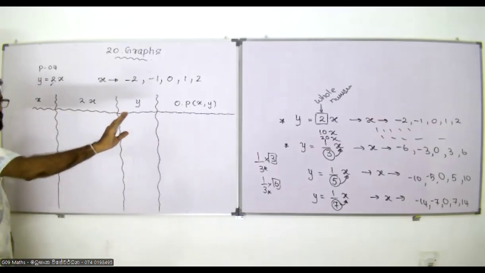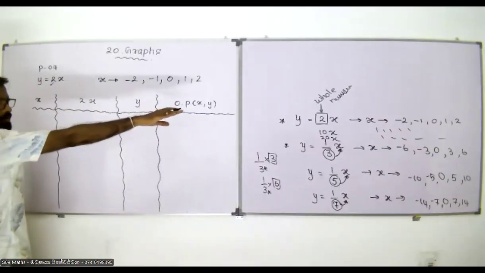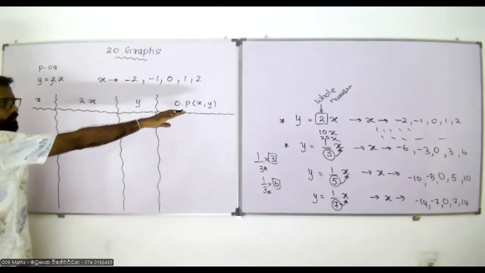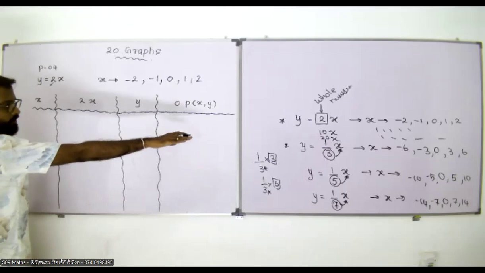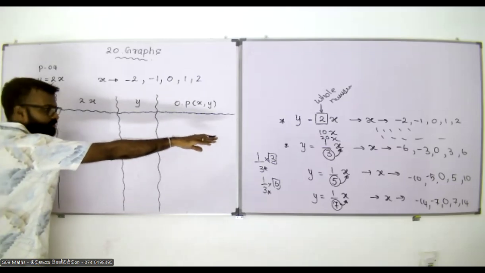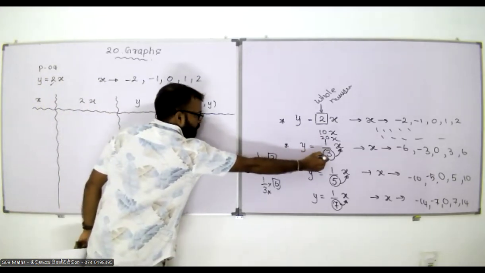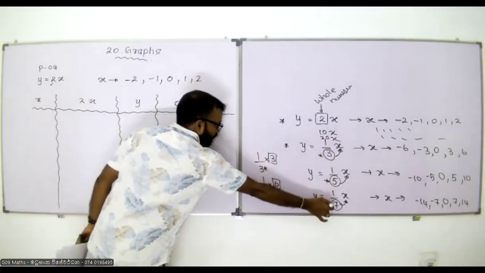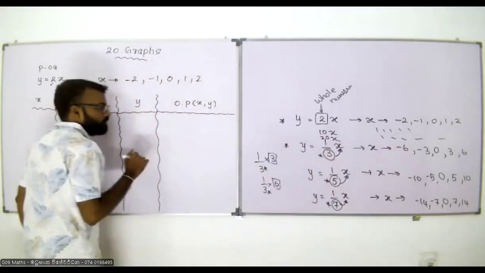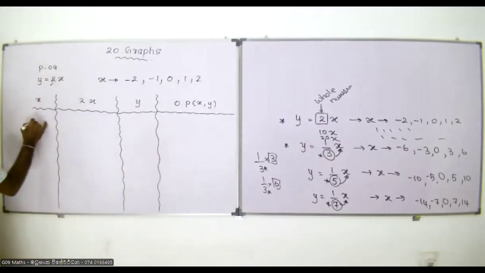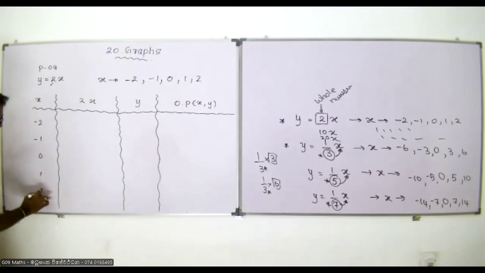It is up to you. You can choose whatever you want when you have a whole number. When you have a fractional number, I would say choose multiples of the denominator for the x value range. That's the easiest way. So I have taken here -2, -1, 0, 1, 2. Got it?